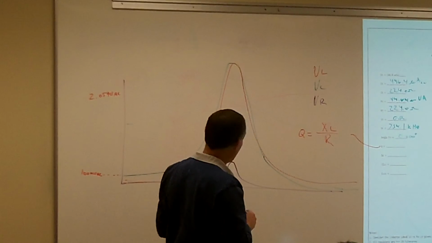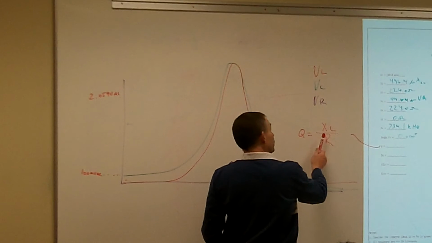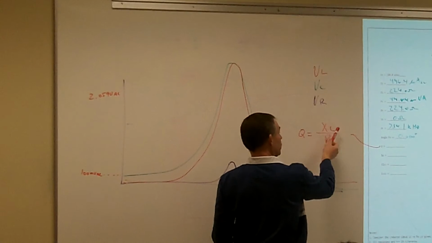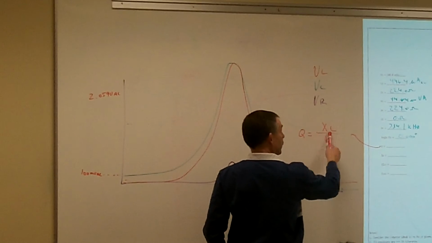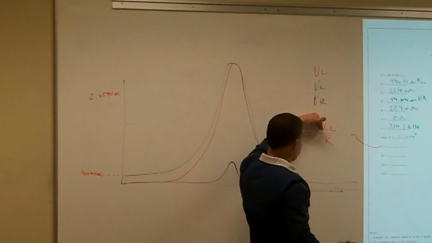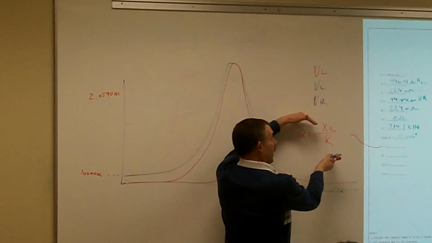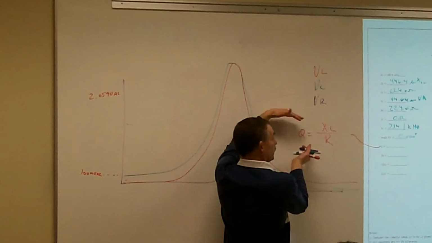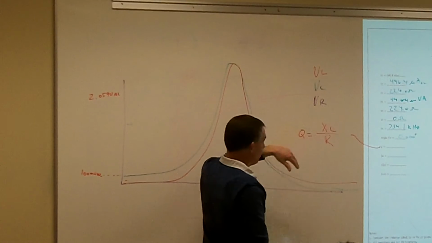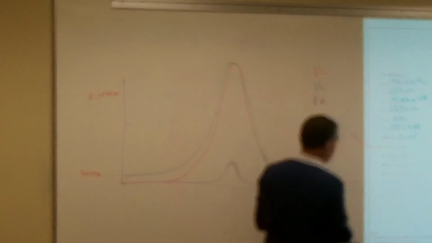Yeah, X of L over R. We know that at my resonating frequency, X of L equals X of C, so it really doesn't matter if you use X of L or X of C, because that's our reactance on either one of those components. We use X of L because that already has a quality of its own, because it has its own resistance. So we just use X of L over R to come up with our number. It's just a ratio, it's just a number, there's no units for it or anything like that.